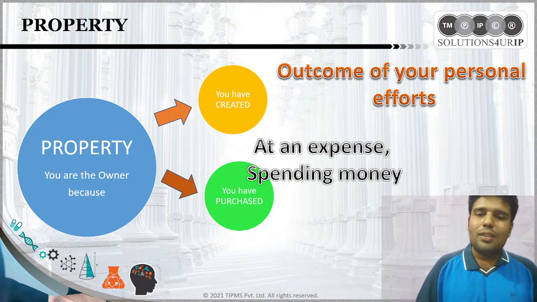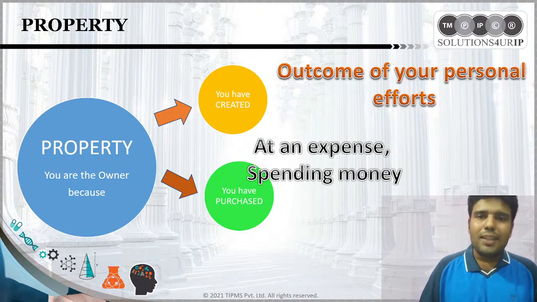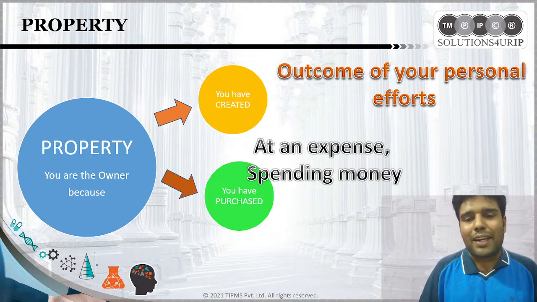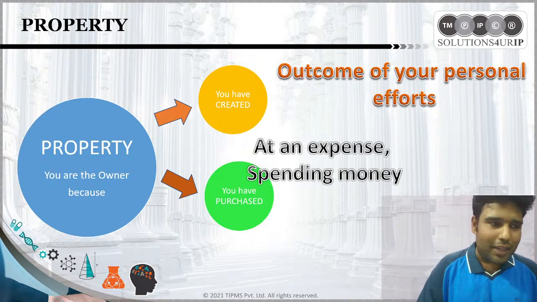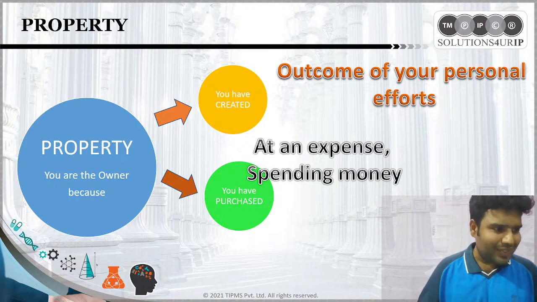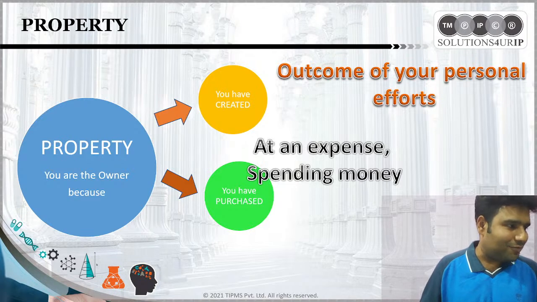So whenever I say something as my property, that means that particular thing might have been created or purchased. Do you agree with me? Okay, sorry Dr. Basu if I missed you. I noticed that you have written your name. Thank you.